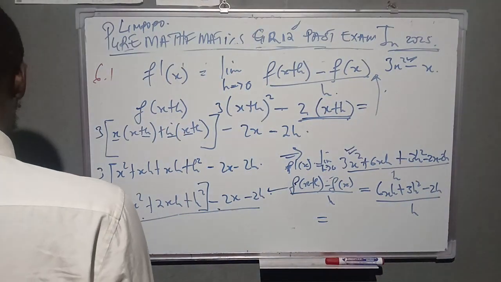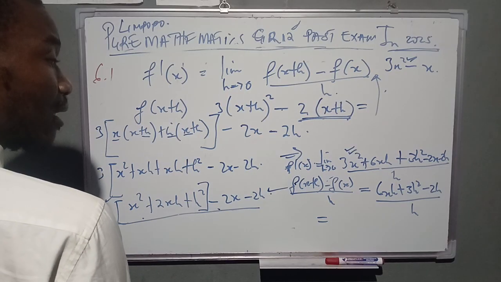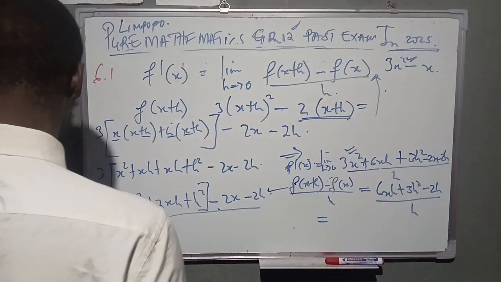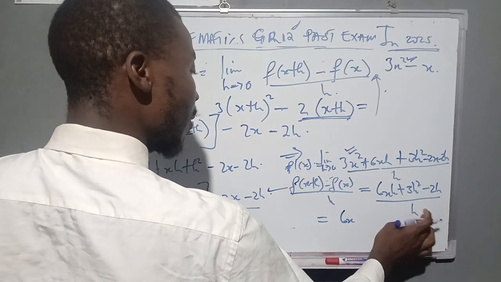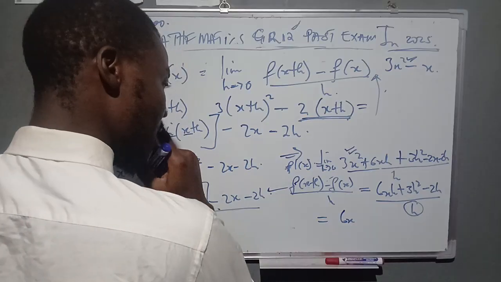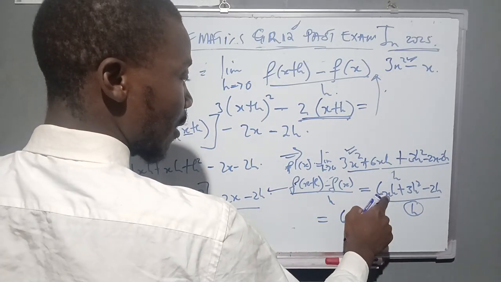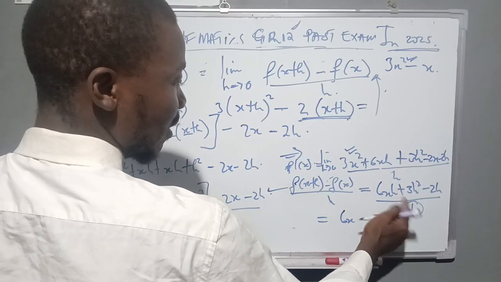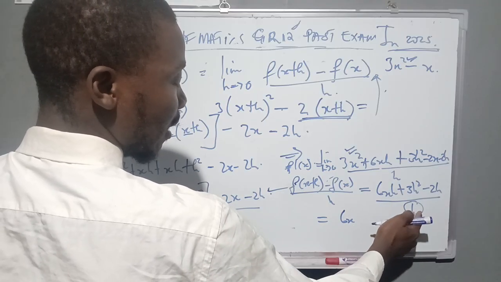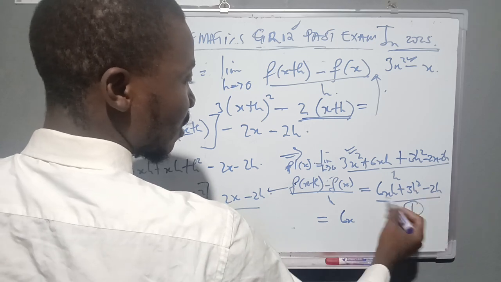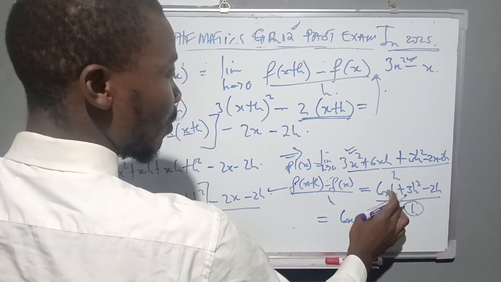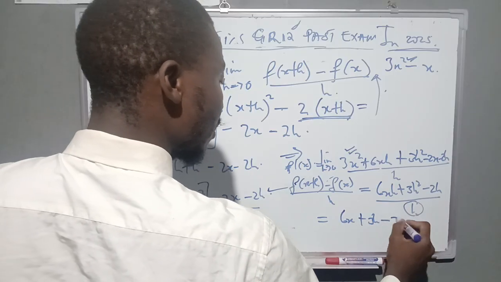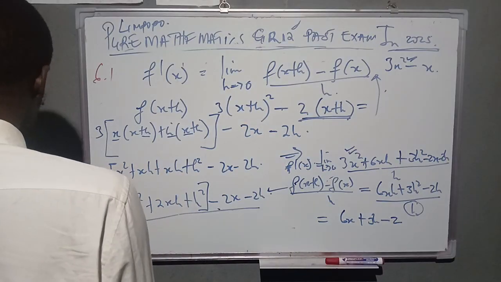So if we divide, when we factorize this h, or divide the whole function by h, we are going to remain with 6x plus 3h minus 2, right?